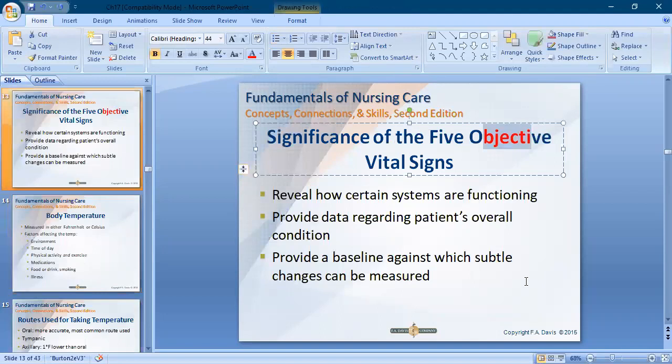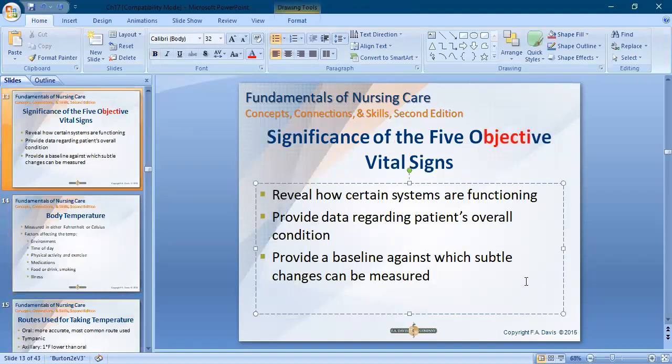First of all, they reveal how certain systems are functioning. So when you check the simple vital signs, you can find out if your patient is stable or unstable, right? It's simple. If the vital signs are not within normal, it is an unstable patient.